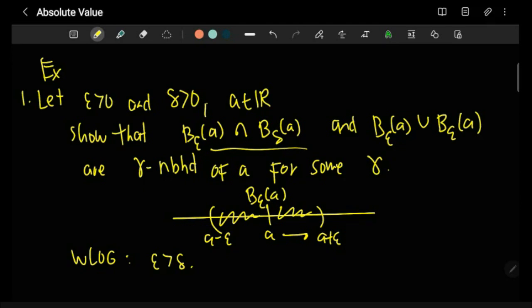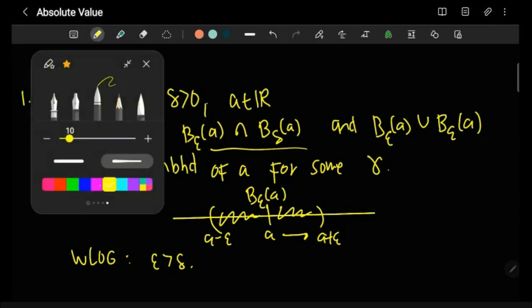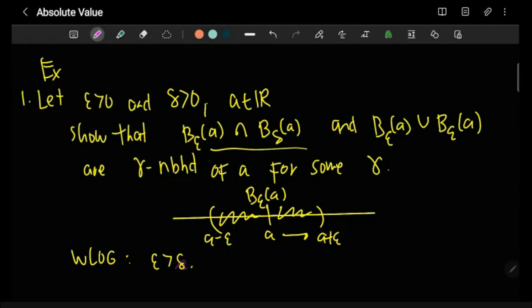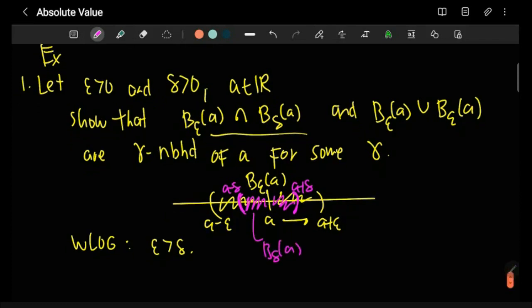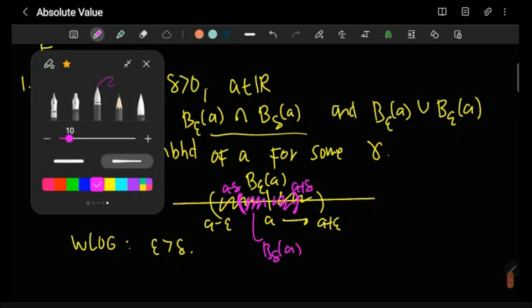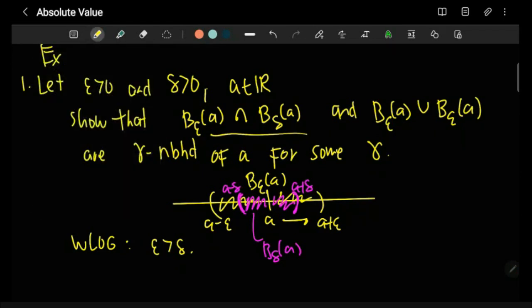Okay, ano naman yung delta neighborhood? So, since sinabi natin mas malaki si epsilon, dapat yung delta mas maliit. So, let's say this is delta. Okay, so this is A plus delta and this is A minus delta. So, lahat ng nasa loob, yun naman yung delta neighborhood. Right? So, meron kang dalawang set. Gusto mong kunin yung intersection.